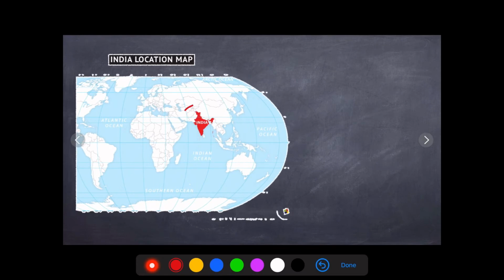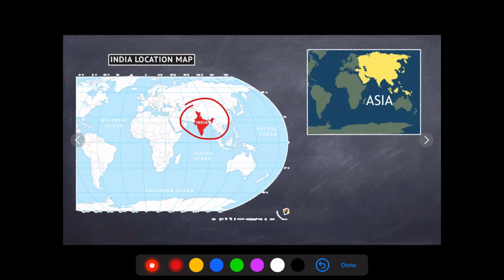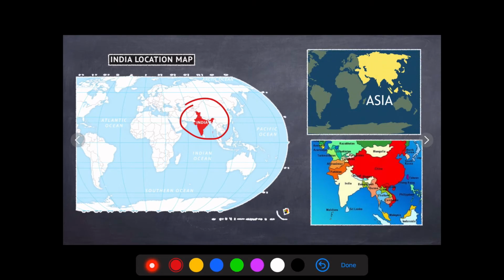Now over here again, that map I have shown. Now this is a very important point about Asia. Okay, now I'll just show you where India is. Can you see this red? This red is nothing but India's position in Asia. Now Asia is a continent, as we know, and in this Asian continent, India is located in the southern part.